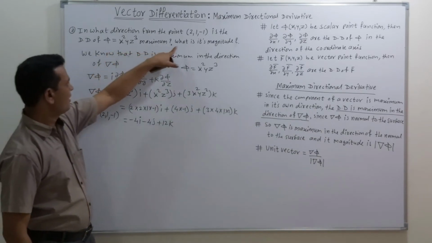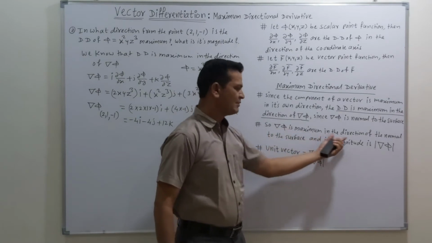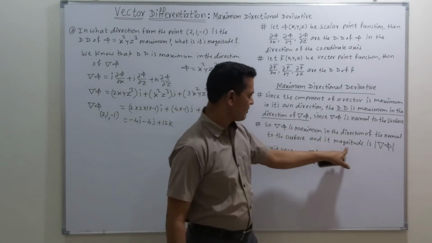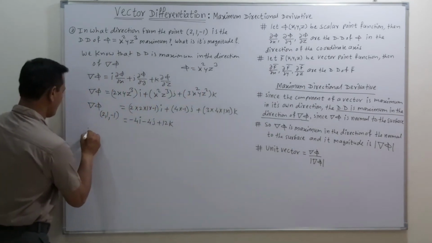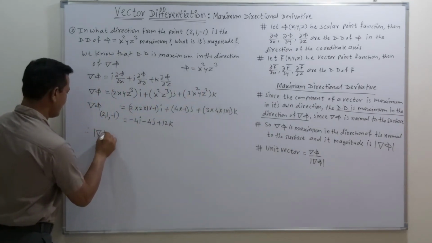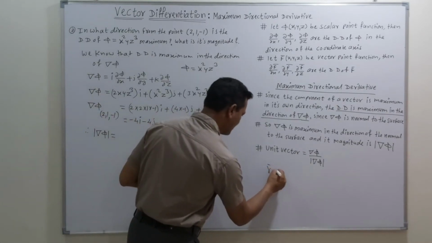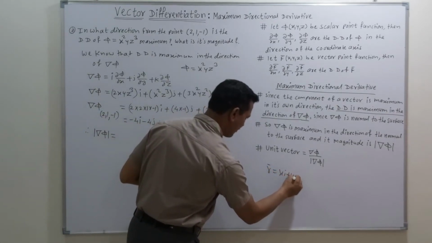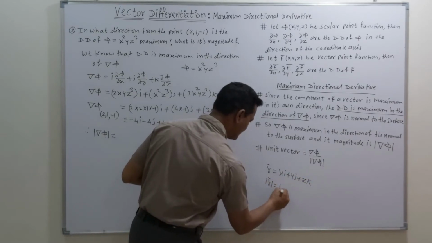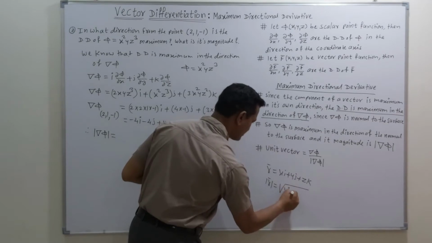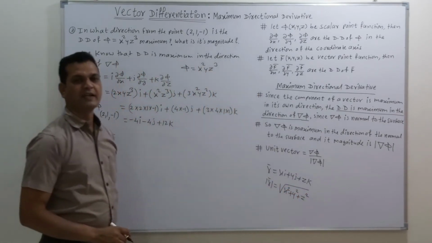Now the next question is what is its magnitude? We know that if del phi denotes the maximum directional derivative, then its magnitude is defined as the modulus of del phi. We know that if we denote the vector r as xi plus yj plus zk, then the magnitude of vector r is defined as root of x square plus y square plus z square. So this is the formula for finding the magnitude.